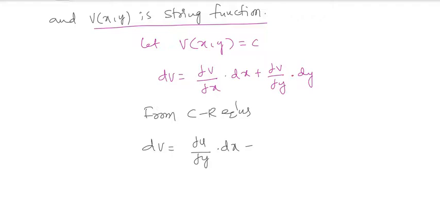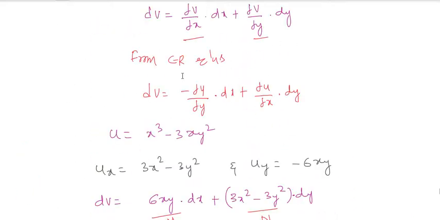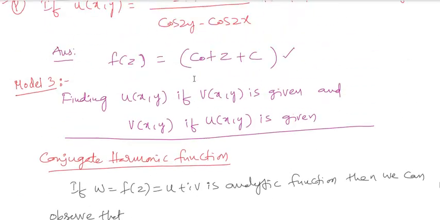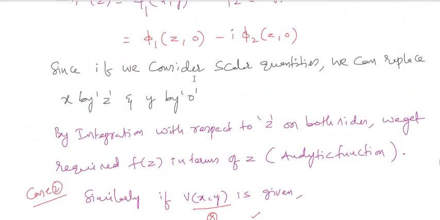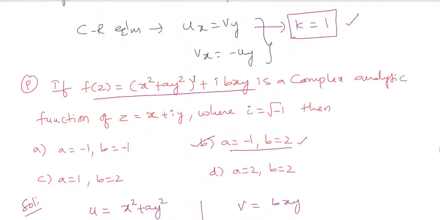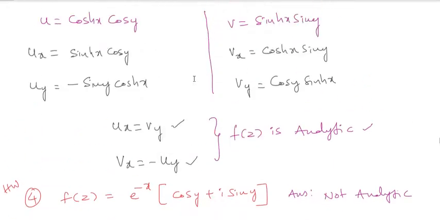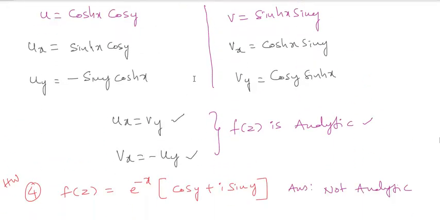Sorry. What are your CR equations? Maybe you people are getting confused with this. Just let me give you the CR equations. Here also you can see Ux is equal to Vy, that is ∂u/∂x is equal to ∂v/∂y. ∂v/∂x is equal to what? Minus ∂u/∂y. Am I right or not? So Vx is equal to what?